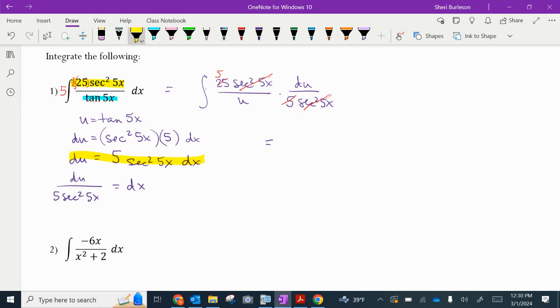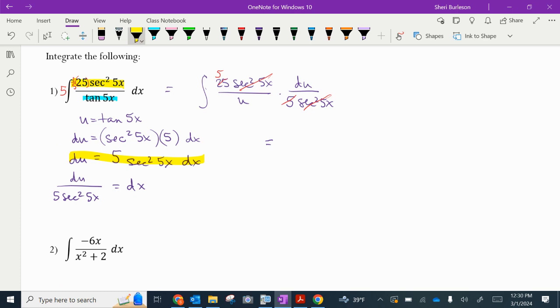Or if you were struggling, because usually we put the multiplier that's a non-fraction out front and the fraction inside and then the fraction outside, you can always solve for dx, substitute in and reduce.